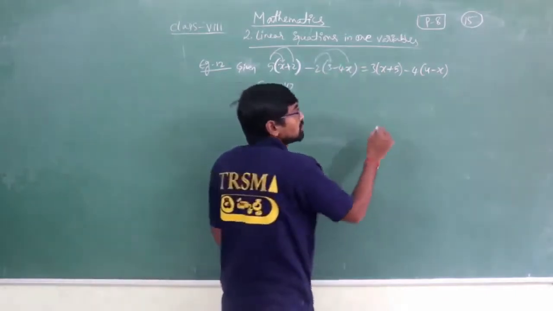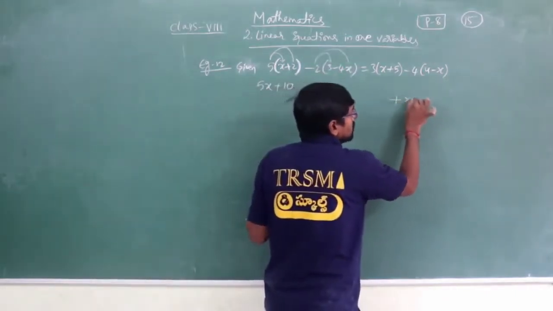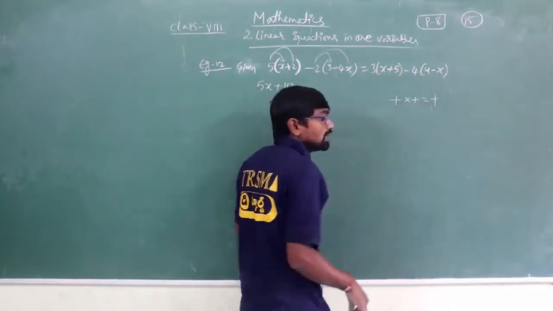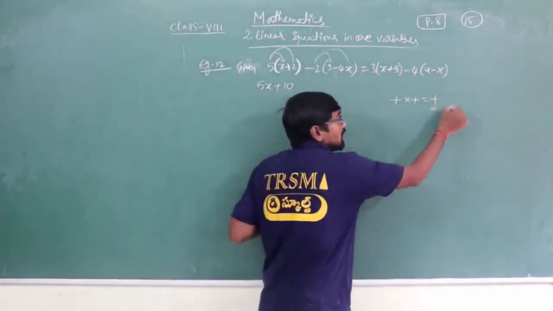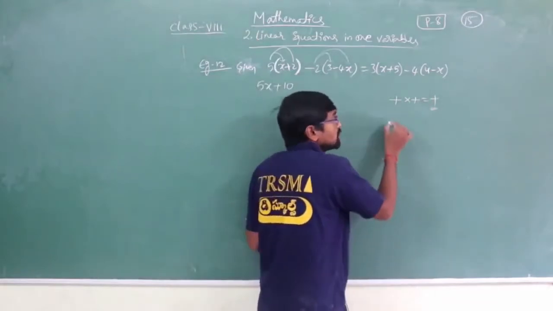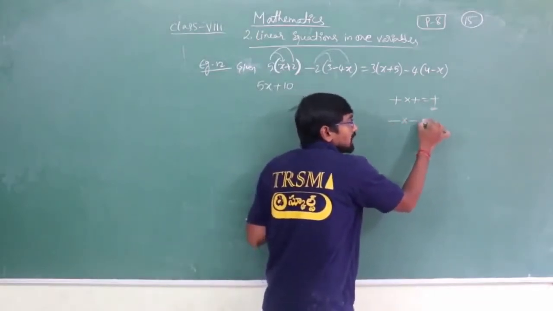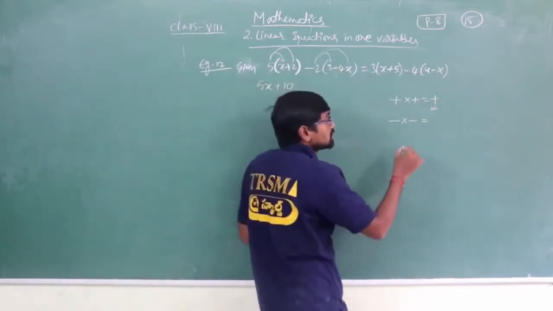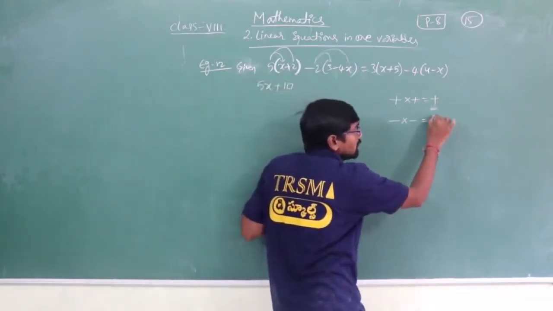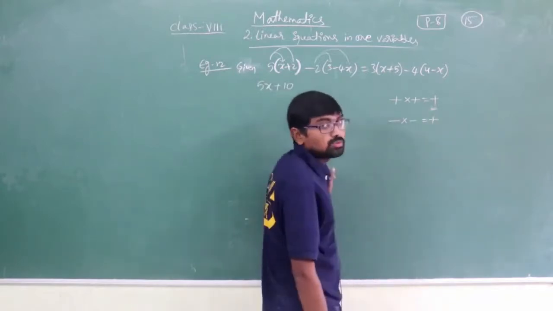You all know about the symbols in multiplication. Plus into plus: when two positive numbers are being multiplied, we will be getting the answer in positive only. Whenever two subtraction symbols are being multiplied, then we will be getting it in positive only.